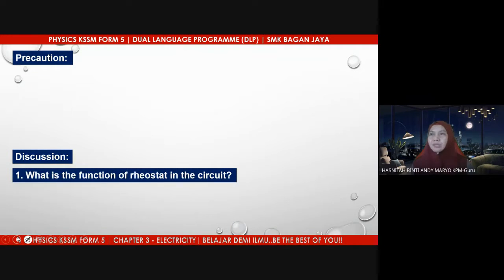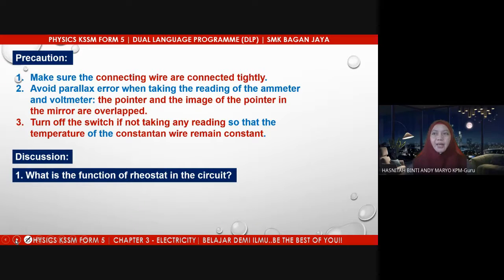Now this is the precaution you can write for this experiment. Can you guess what precaution we can take when handling electrical experiments, students? Any idea? You can add the precaution in any empty spaces in your module. There are some precautions we can take when handling an electrical experiment.